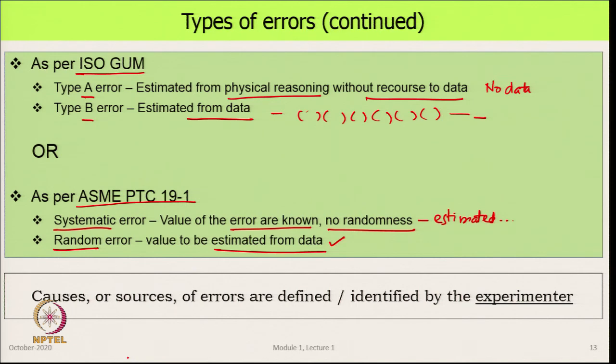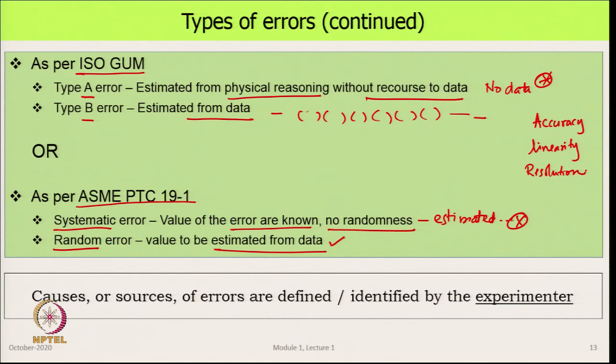To give an example, systematic errors and type A errors could include inferences from the accuracy of an instrument, linearity, resolution.